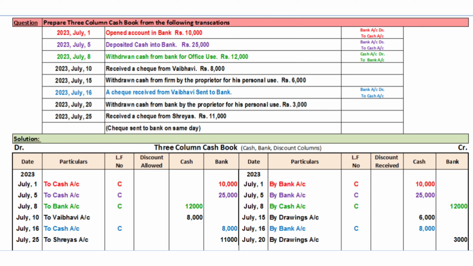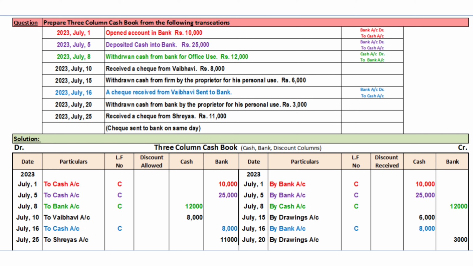And next come to the 20th dated transaction. Cash withdrawn from the bank by the proprietor for his personal use. This is not a contra entry. The proprietor utilized or withdrew cash from the bank, so this comes under drawings, and it should be recorded on the credit side of the 3 column cash book as by drawings, and the amount is entered in the bank column, because you withdrew from the bank.